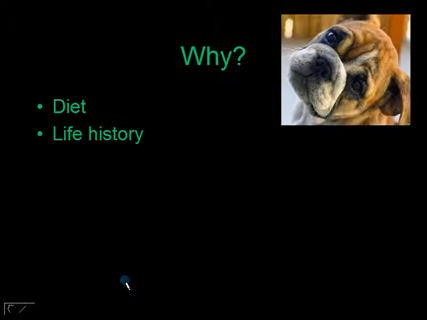And also, the life history of mammals has a lot to do with why they need to have a good set of teeth. The thing with mammals is that they are, of course, endothermic and homeothermic. With that being said, they need to regulate their own body temperature and generate their own heat.